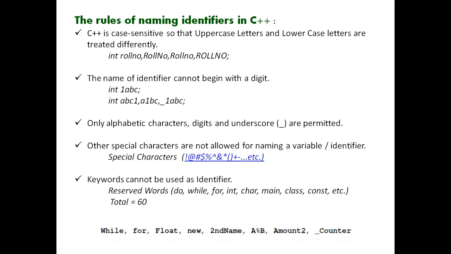So now see what the identifiers were which are given in the question paper. While, for, float. Start from the first. While is a loop, as I have stated in the fifth rule. But see, in the rule I have written it all in small letters, but here it is given with W being capital, so it is valid.